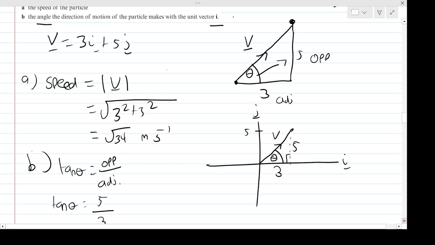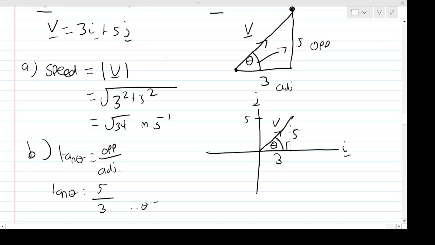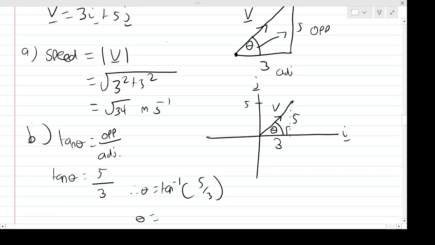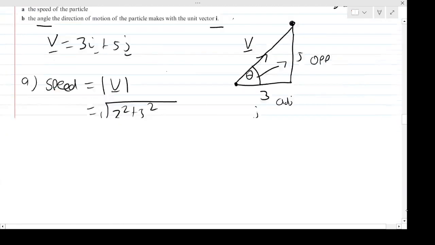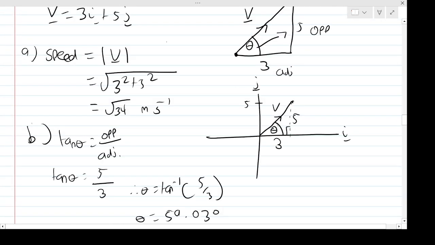So tan theta is 5/3. So therefore, if we do inverse tan, we get theta to be 59.04 degrees to 2 decimal places. So there we are. Cool.